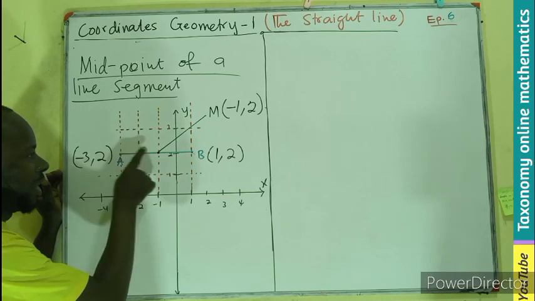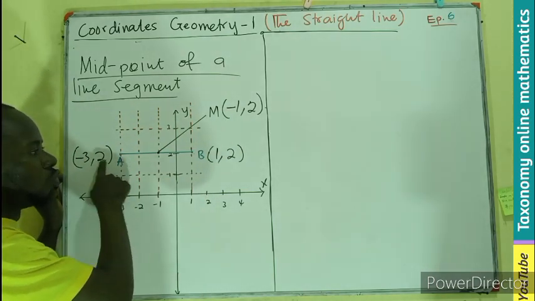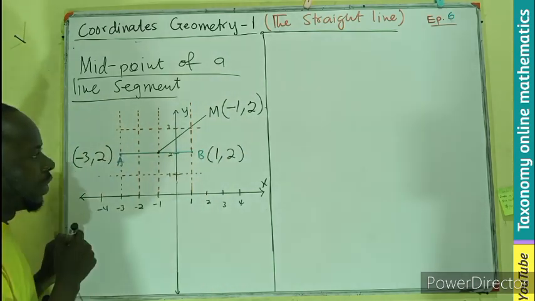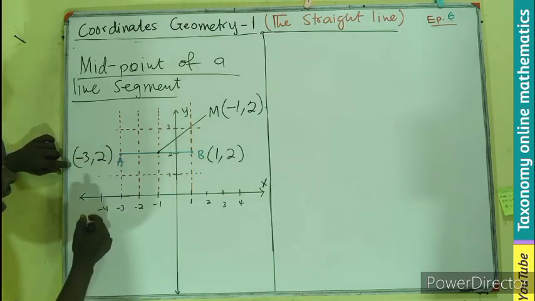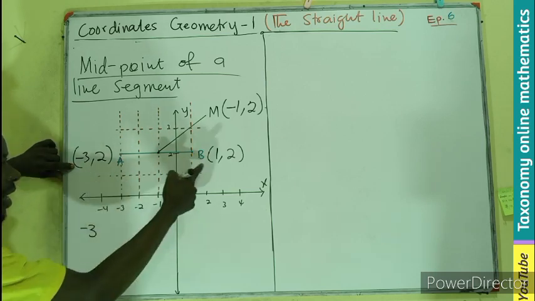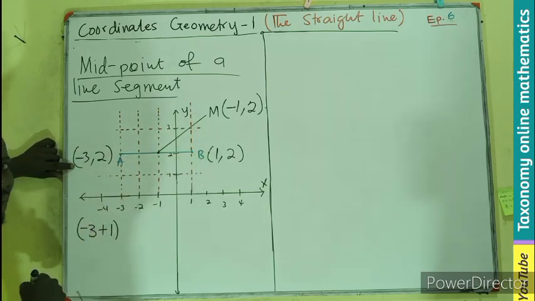Now let's look at the relationship between the points. You can see -3, 1. -1, 2, 2, 2. So we want to see how we can do that. If we are beginning from here, I can see that if I pick the x coordinate, which is -3 here, add 1 to it, I'm adding this point.